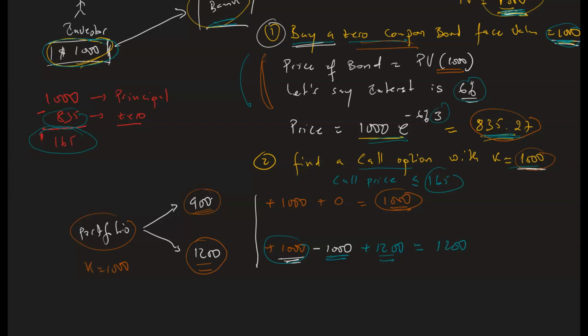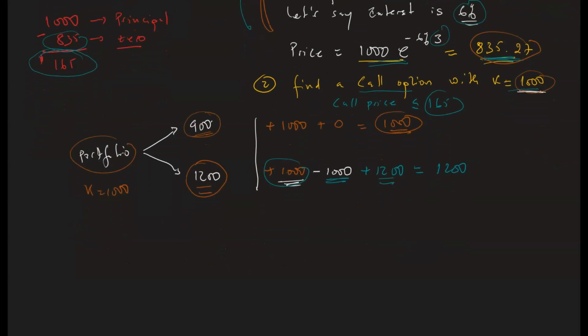So what is the return on this investment? Well, the return on this investment is going to be one of two things. It's going to be the $1,000 or the $1,200, depending on the value of the underlying. So perhaps I shouldn't say the maximum.